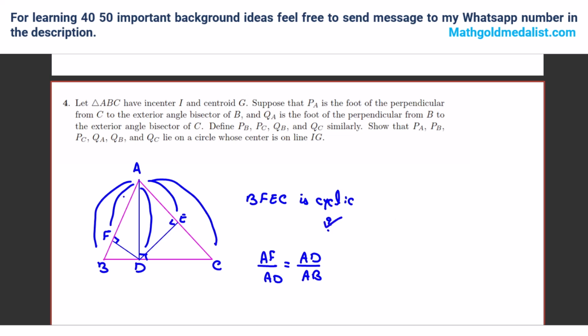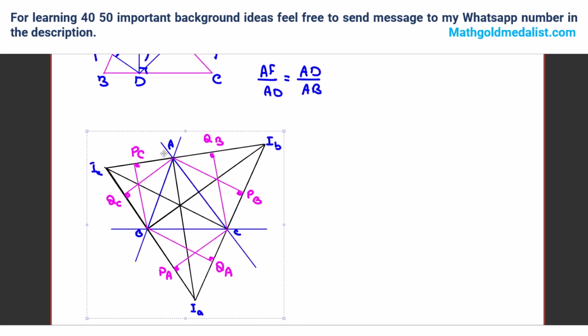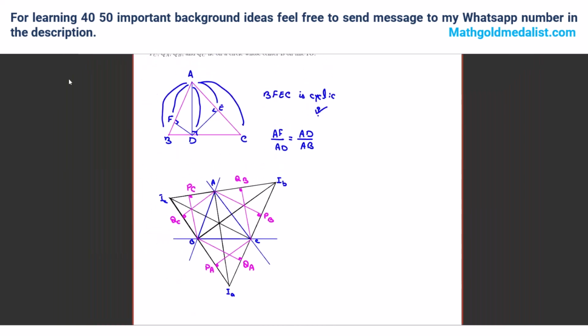So because AF times AB is equal to AE times AC, we can say it is a cyclic quadrilateral, right? Now in this problem, we want to prove two things. First, we want to prove that the 6 points are cyclic. Then after that, we want to prove the center lies on IG, right? Now use this lemma, this theorem that we proved, and see here we can say what quadrilaterals are cyclic, okay?